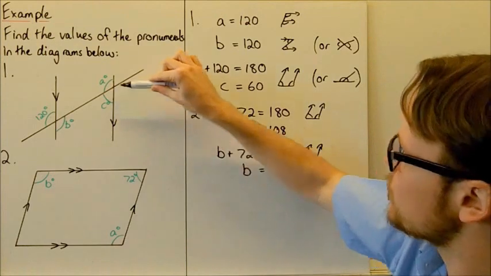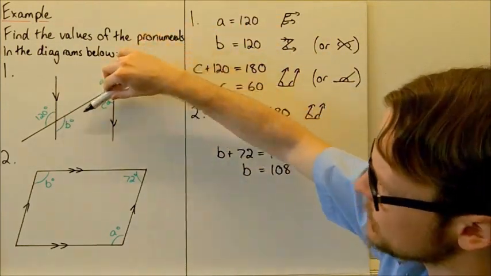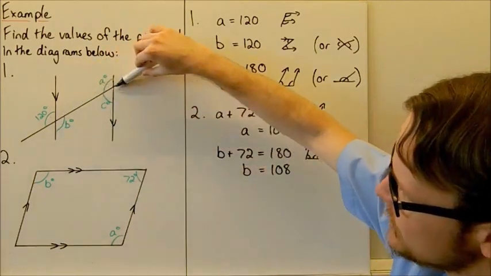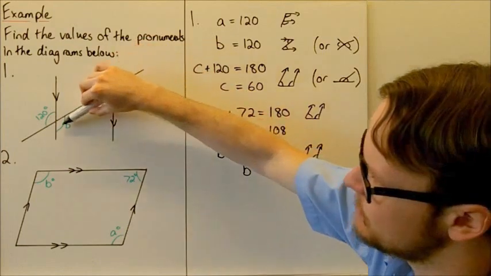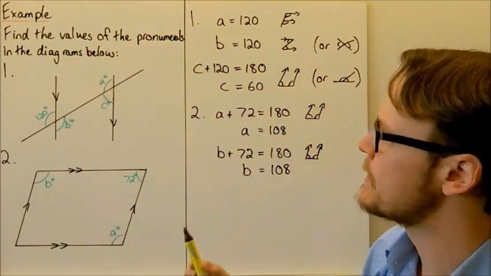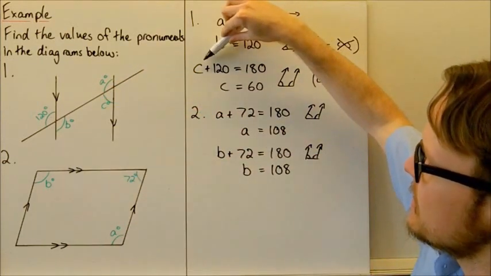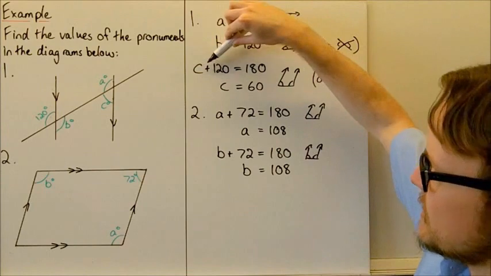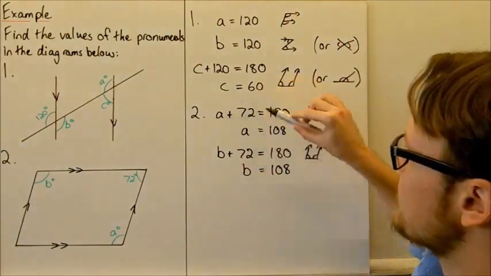And lastly, to find C, C is co-interior with B. So these are both inside the transversal and inside the parallel lines here, C and B. So they must sum to 180 degrees. So C plus B must be 180 degrees. That means C plus B, which we know is 120, so C plus 120 must be 180 degrees, and that means that C must be 60.